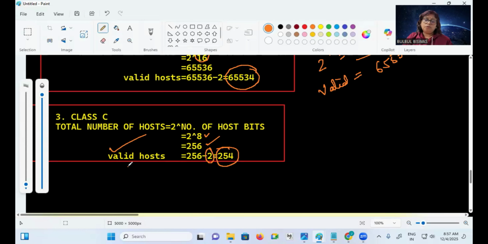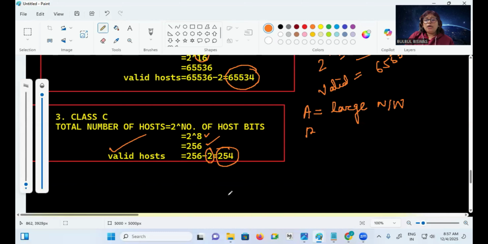So you see over here very clearly, if we want to configure a large network, then we are going to use class A IP.